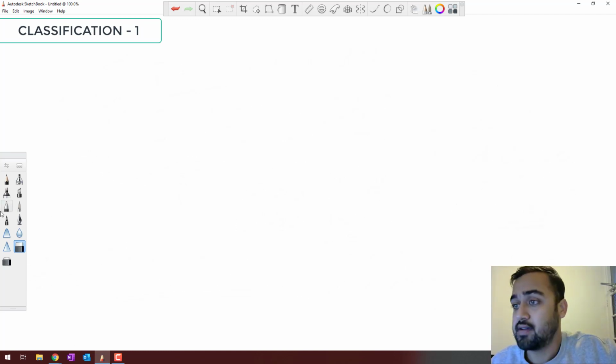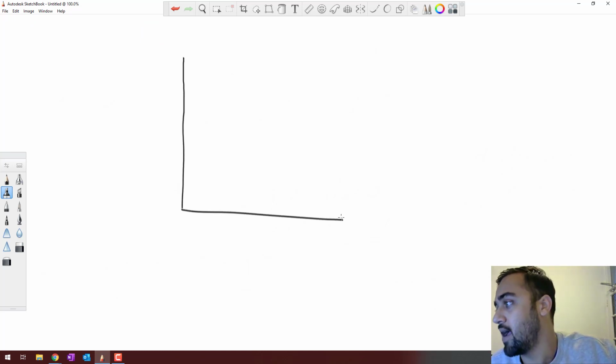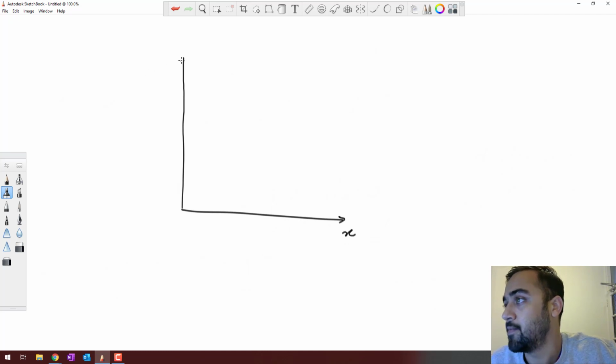So let's take a linear classifier in two dimensions, right? If you're talking about a linear classifier in two dimensions, it will be made up of x and y axis, right? Let's say we have the data points distributed.